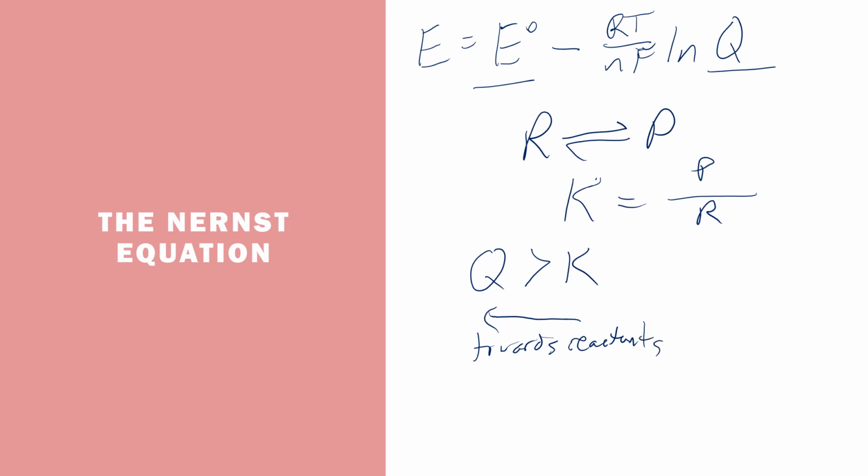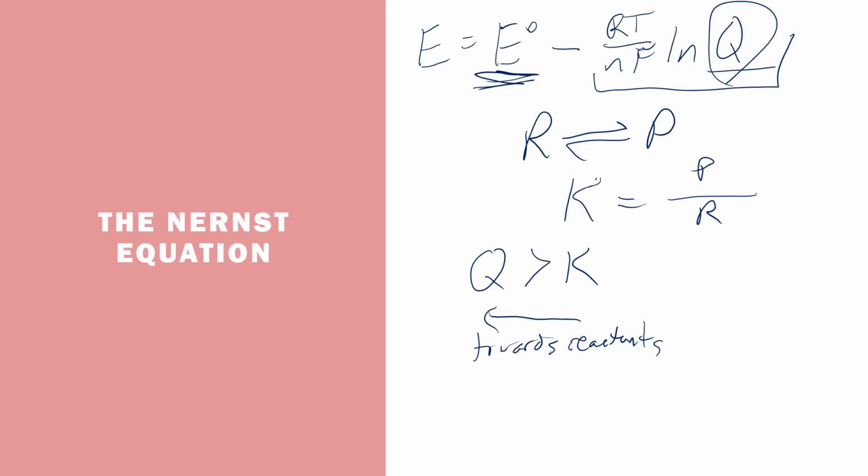And if we look at that mathematically, if Q is larger than 1, then this whole term will be a positive value, and so it will be less than the standard potential, which makes sense because you're shifting in the reverse direction, so it won't produce as much of that voltage.